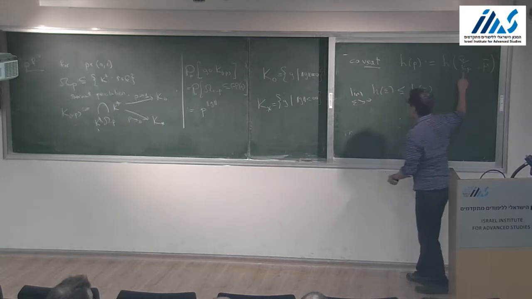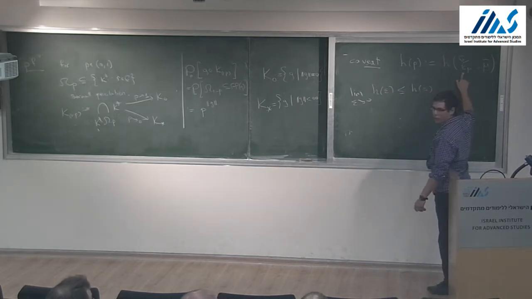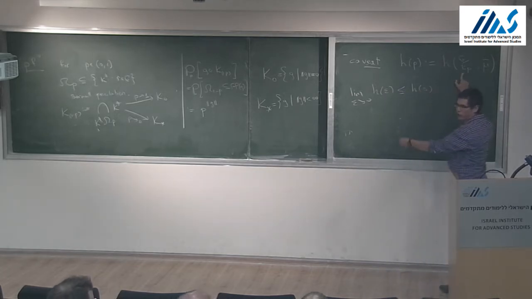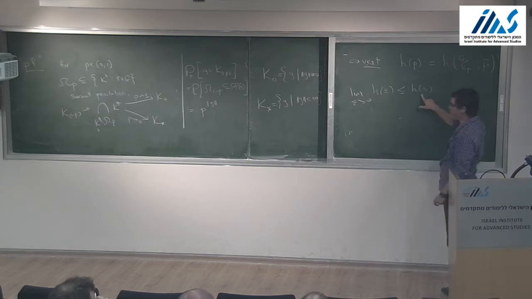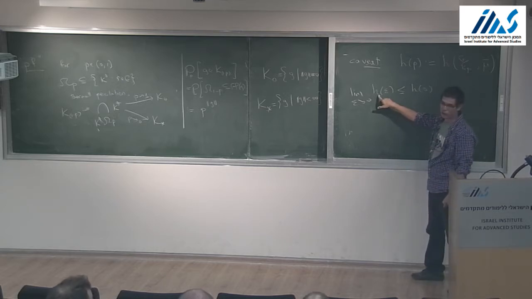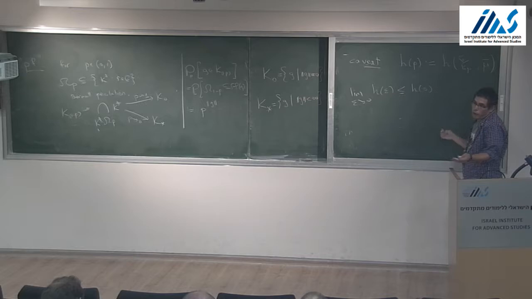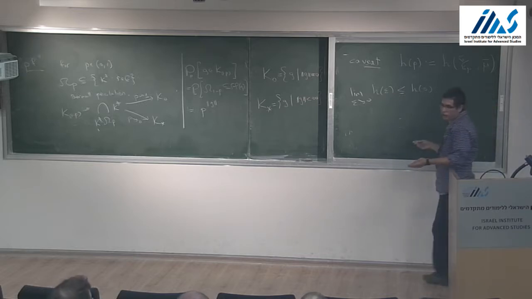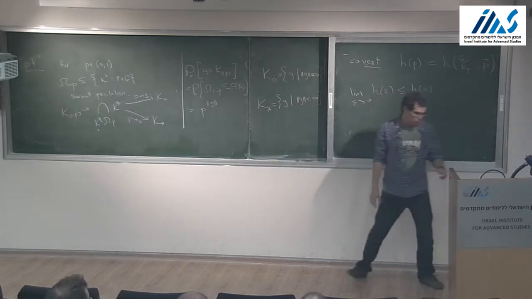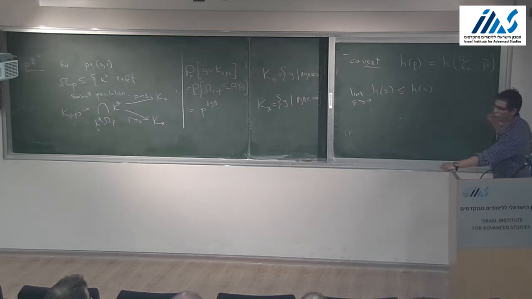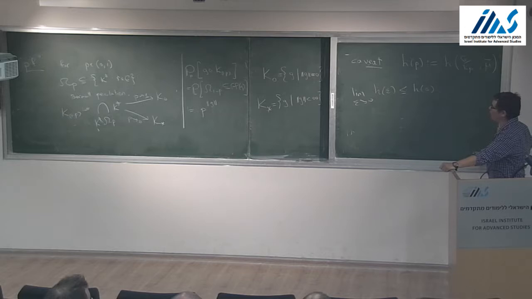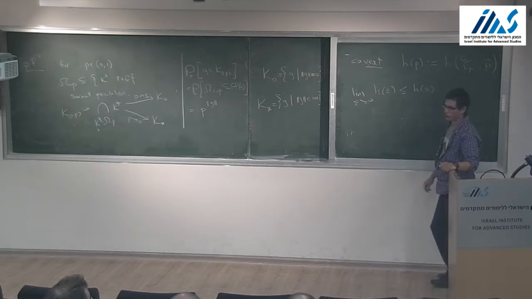So this group is going to the K star, which we said is basically the whole group, and has 0 entropy. So that's very good because it's going to give me information about these. It's going to say that the limit is actually 0. But if this was positive entropy, I just don't know anything. I really don't know anything. I don't have any other method of bounding the entropy of these things. But once you have 0 entropy, you get this interval of entropies. Okay, so it's all because of this semi-continuity.